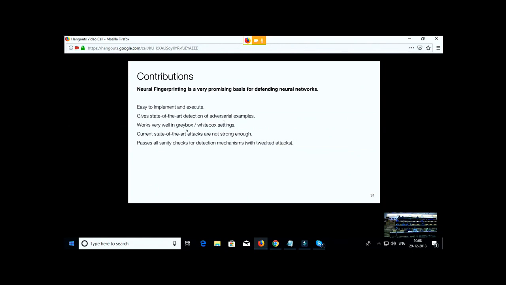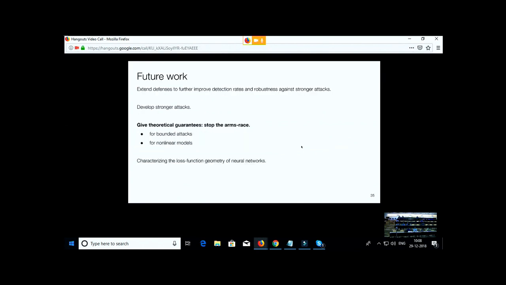It works very well in both the gray box and the white box settings. And it shows us that the current attacks are basically not strong enough. Also, we pass sanity checks for these kinds of detection mechanisms with a small caveat. Basically, we have to invent a new attack that has not been published yet to break our own defense.